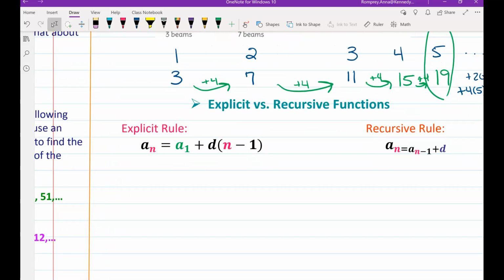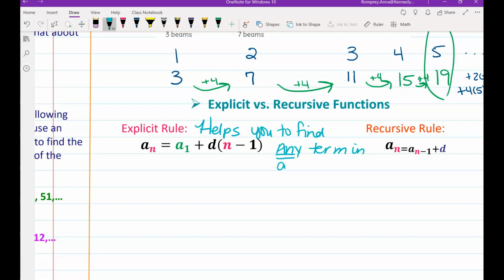The explicit rule helps us to find any term in a sequence.